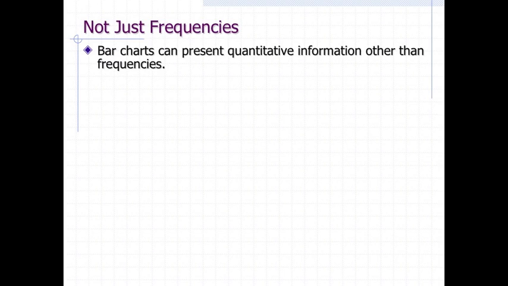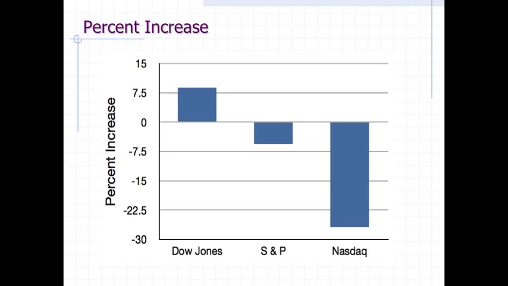In this section, we show how bar charts can be used to present other kinds of quantitative information, not just frequencies. This bar chart shows the percent increases in the Dow Jones, Standard & Poor 500 (S&P), and NASDAQ stock indexes from May 24, 2000 to May 24, 2001.